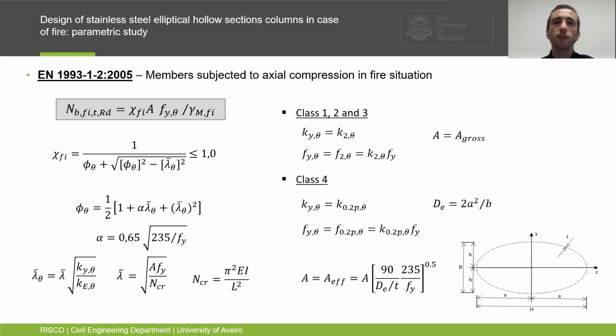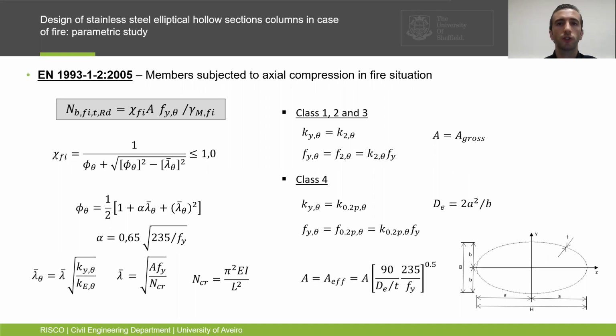The design resistance value of axially compressed members of class 1, 2, or 3 cross-sections with a uniform temperature is determined from this equation, where the stress corresponding to 2% of total strain should be adopted as the yield strength. For class 4 sections, the effective area should be considered instead of the gross cross-section area. And according to Annex E from Part 1-2 of Eurocode 3, the proof strength at 0.2% strain should be used.